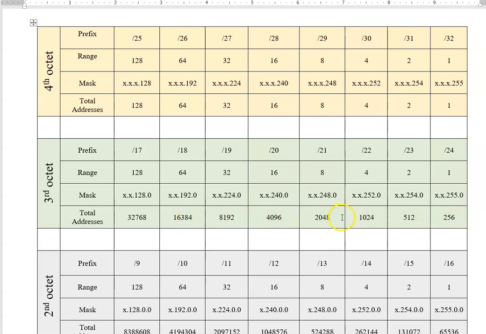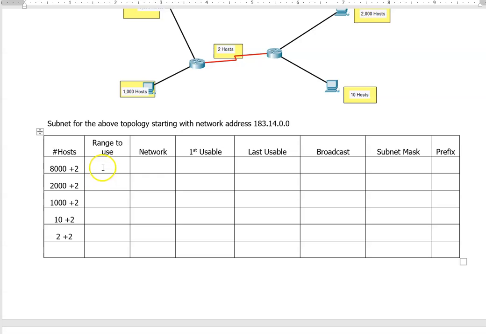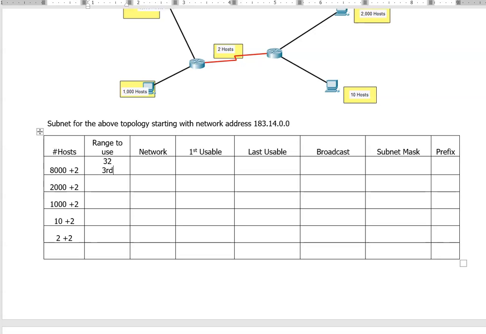For 8,000 addresses, we need to add 2 for 8,002, and the value we need to use is 32, which is the closest without going under. When I write this on my chart, I always like to write in third octet, or whichever octet is indicated, to remind me to add to or subtract from the correct octet.